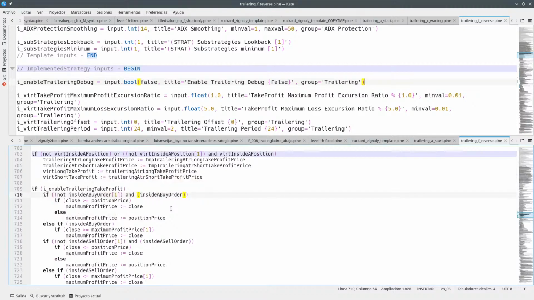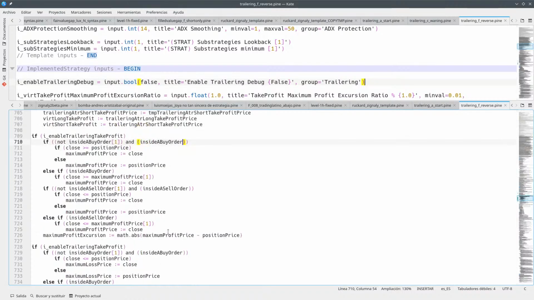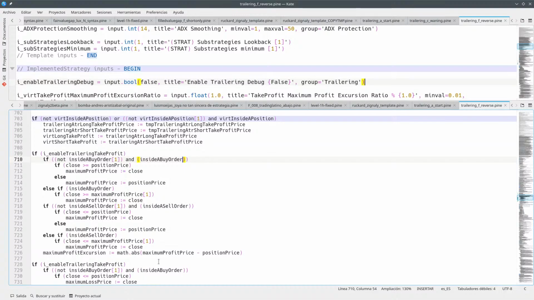Okay, so can we please understand what's happening here?